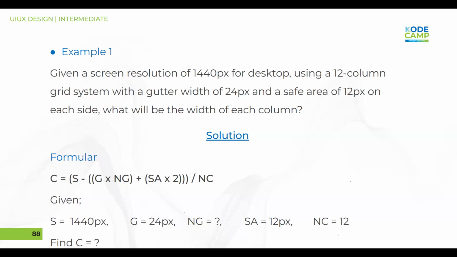So number of gutters is NG. So what is SA? Okay, SA is safe area. Then NC, which is 12, is what?